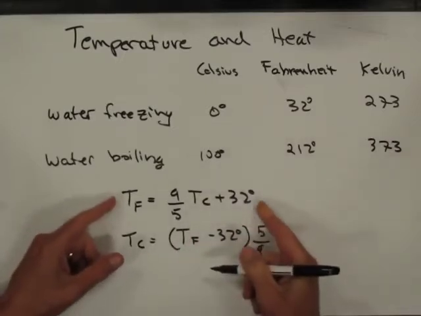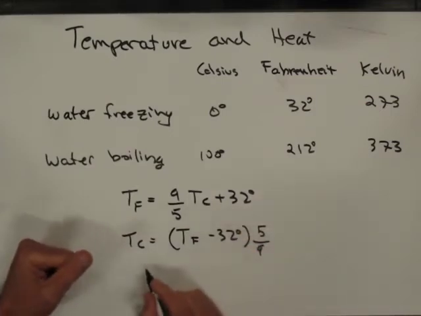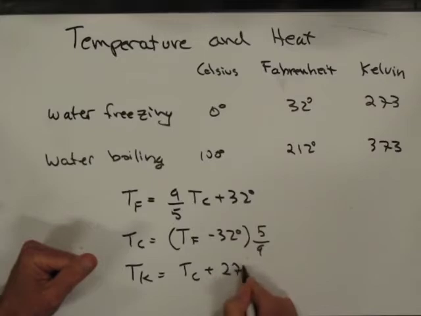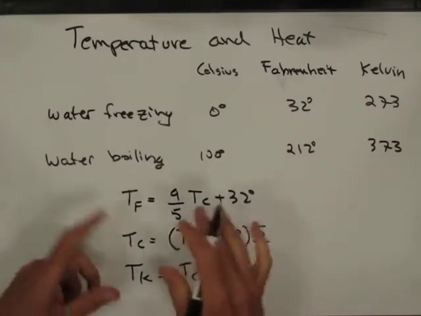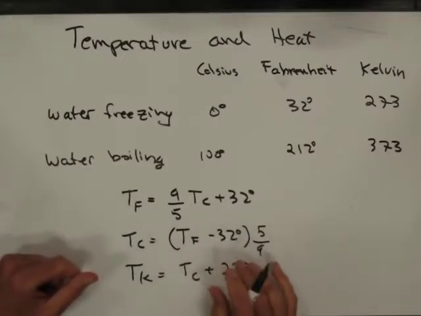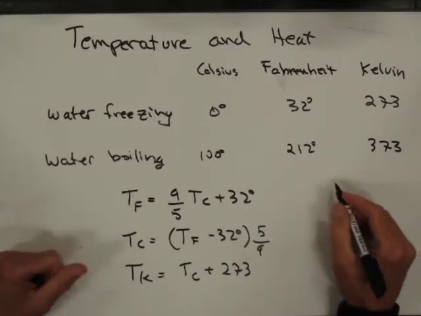This is just an algebraic rearrangement of that one. And then the temperature in Kelvin is equal to the temperature in Celsius plus 273. And if you need to go from Fahrenheit to Celsius to Kelvin, you can rearrange those and do that.